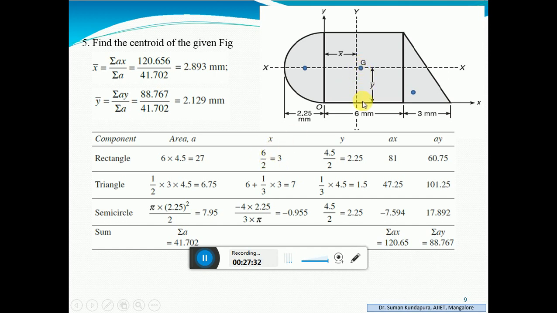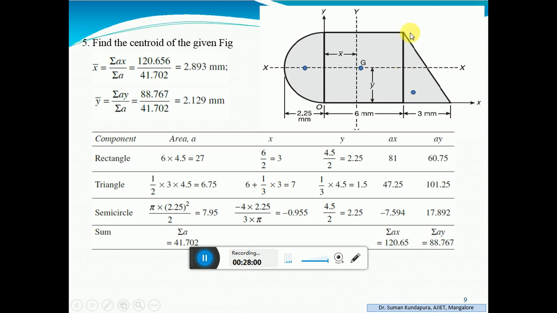Y distance, at this point it is lying, at a distance with respect to the x-axis. This whole is 4.5 divided by 2. You will get the y distance for this rectangle, that is 2.25. Next step is area into x, area into y. Substitute the respective values and find out ax, ay.